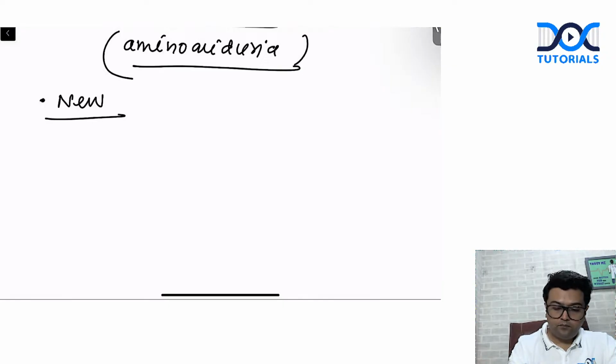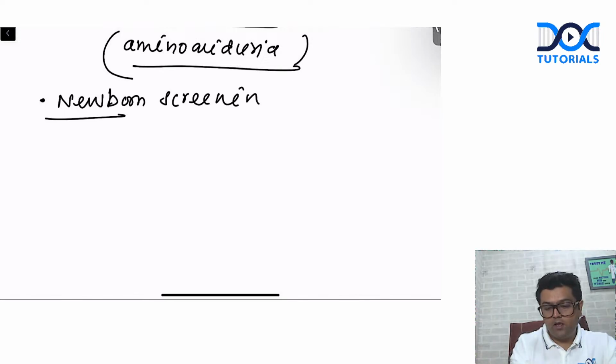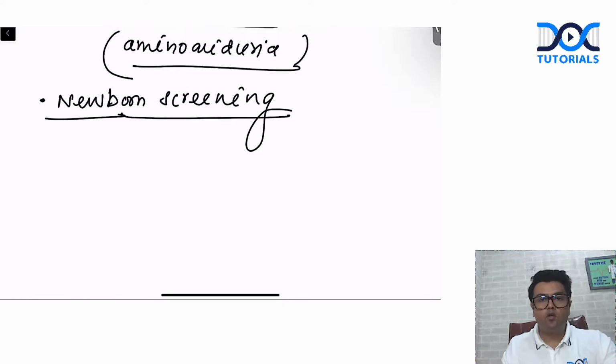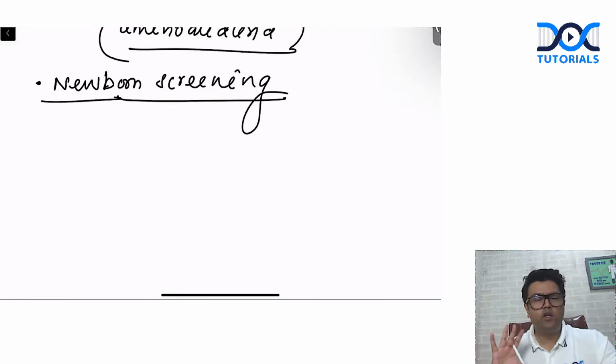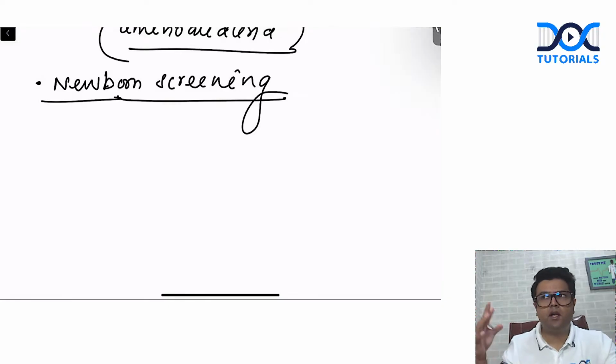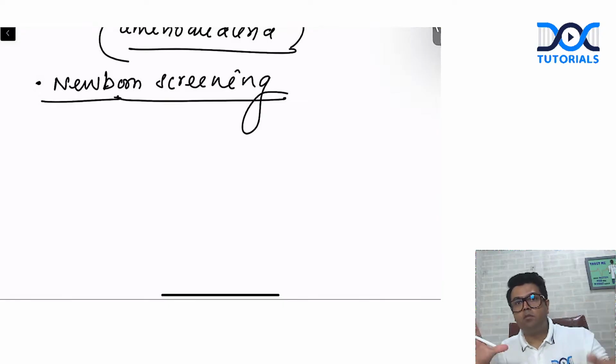So there is a term called newborn screening. Newborn screening simply means what? What is the meaning of screening? Screening simply means I want to find out a disease that is not visible. When a patient comes to you with a fever, you will see the toxic look on the patient's face caused by the fever.